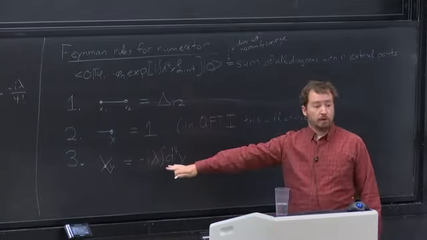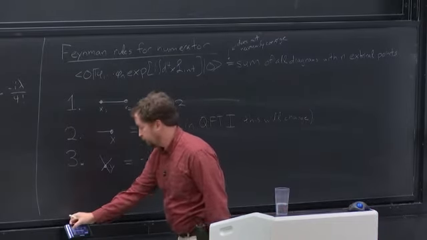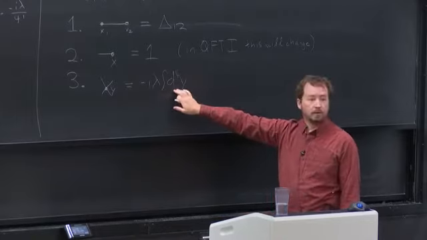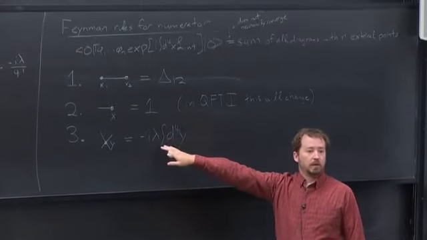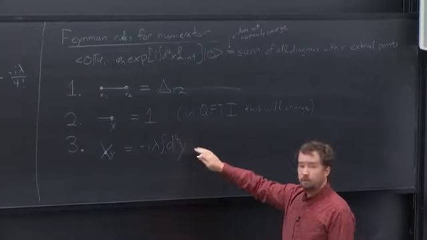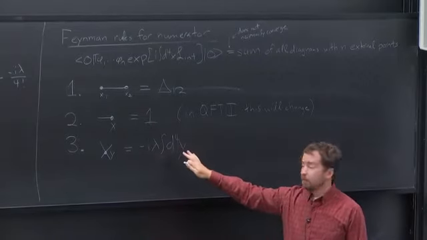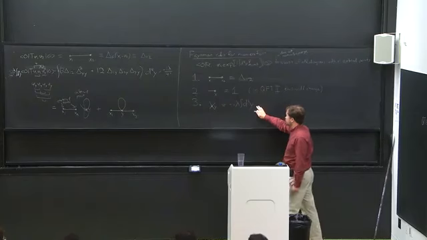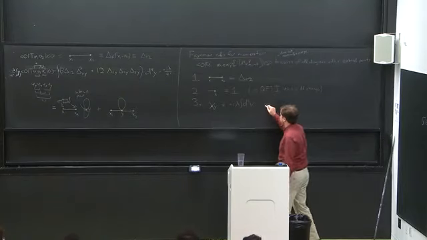Note there's no numerical factor in this rule. I'm only including the lambda, the integral and the i, but not the 4 factorial. That's intentional, and I'll discuss why when I get to the fourth rule. But this rule depends on the theory.